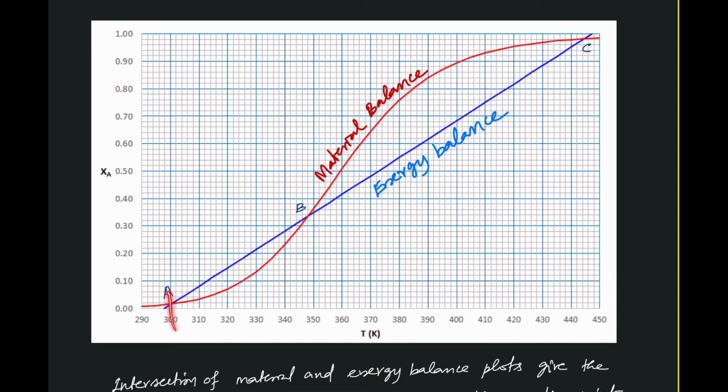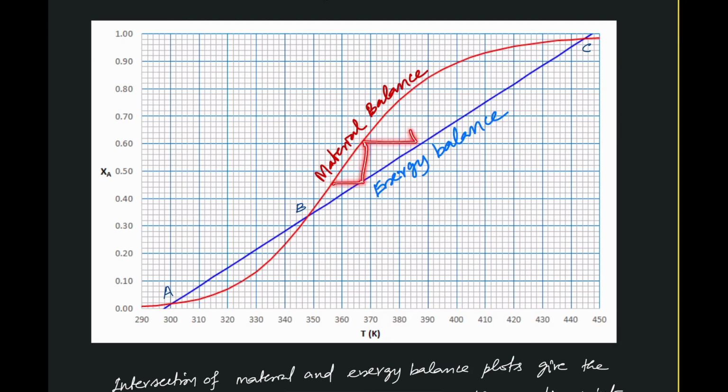That is, the intersection point of material and energy balance gives the solutions. But out of which is a stable solution? Of course, this point B is an unstable one. For any small changes in temperature, the conversion corresponding from material balance leads to generating heat by this much amount, and again it is going to heat up because of increased temperature.